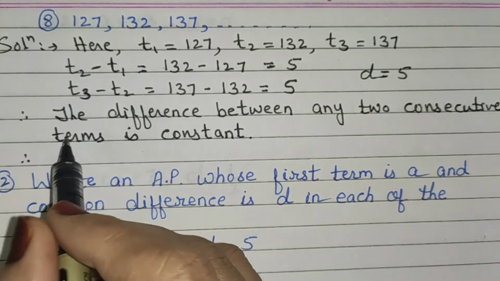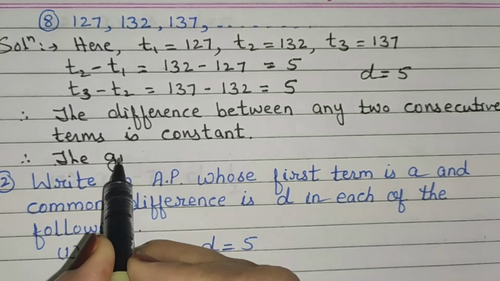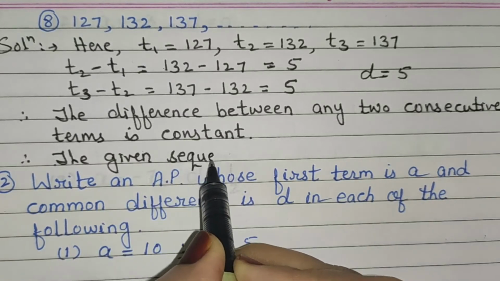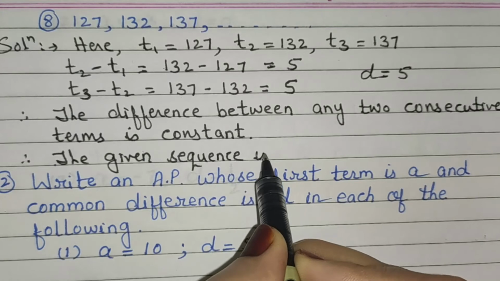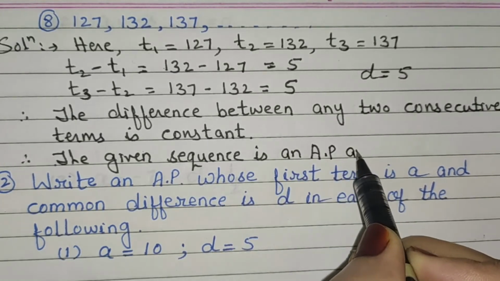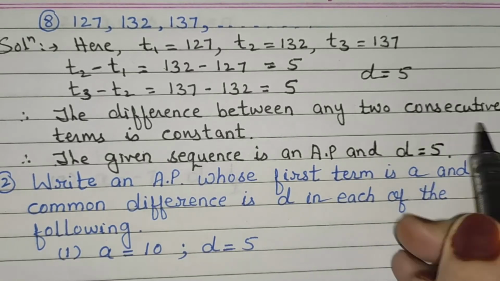Therefore, the given sequence is an AP, and the common difference means the value of d is equal to 5.